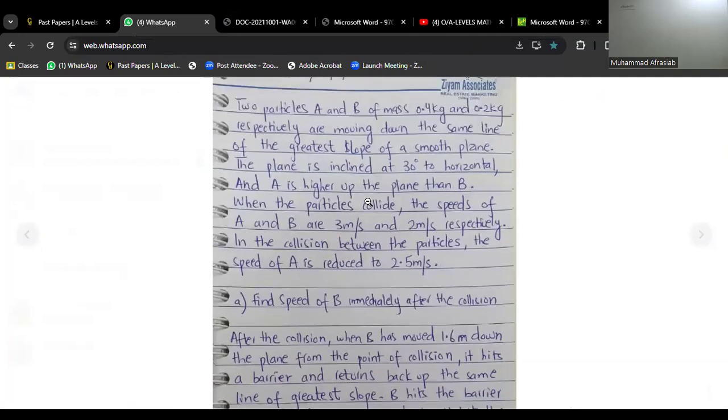Two particles A and B, of masses 0.4 kg and 0.2 kg respectively, are moving down a slope, which is a smooth plane.